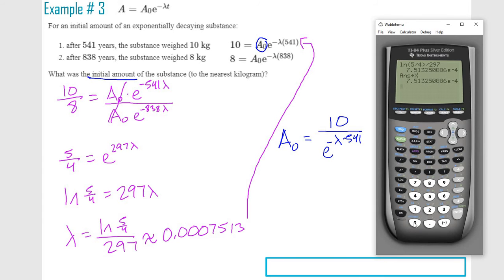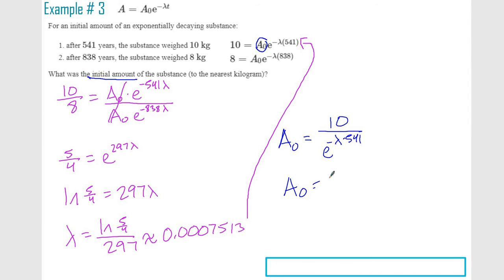And then here, we're going to do 10 divided by, I'm going to put parentheses just to make sure, our e to the negative 541 times rx. Okay, so here we get our initial amount is 15.015. I guess that was more rounded, so I'll do it like this.